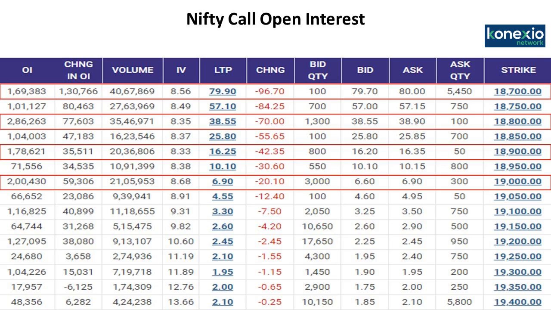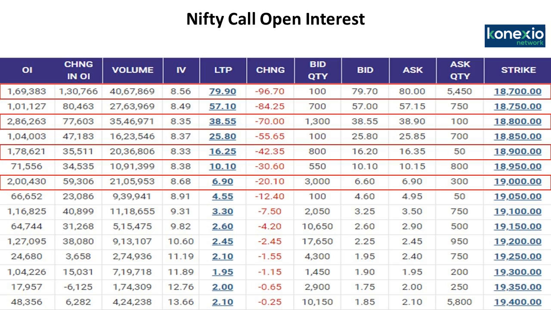That is the reason why we have seen 2 days of a drop in the indices on Thursday and Friday. Now here you can see the most important thing is that the implied volatility is very low. It is between 8.56 and 8.68. There has been a rise in the open interest and a rise in the volumes.